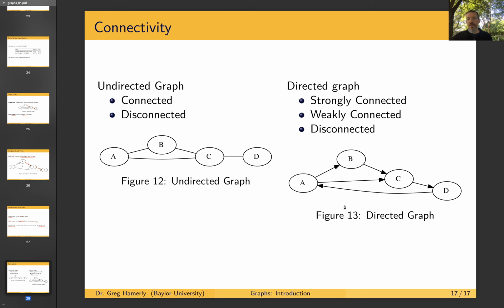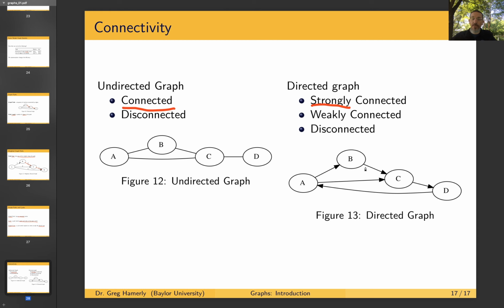Okay, so that's disconnected. This graph that I've drawn happens to be strongly connected. And that means that every vertex can get to every other vertex, which is the same sort of definition that we had for undirected connected graphs. But when it's directed, we say it's strongly connected if every vertex can get to every other vertex.